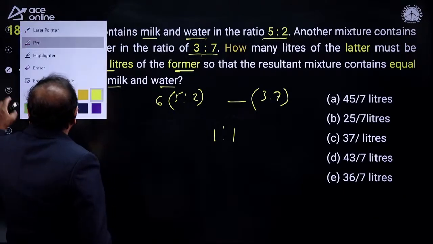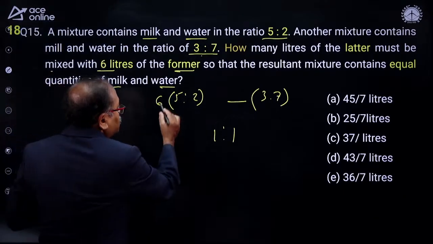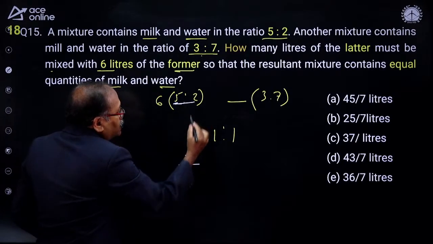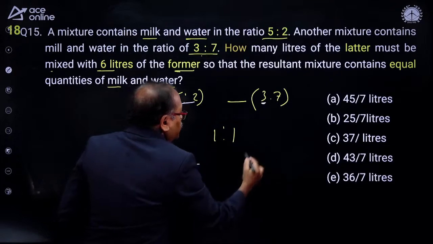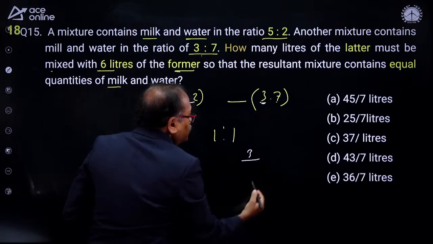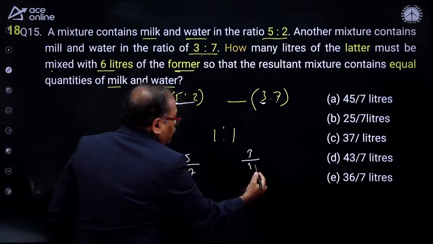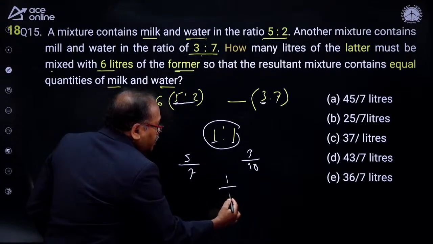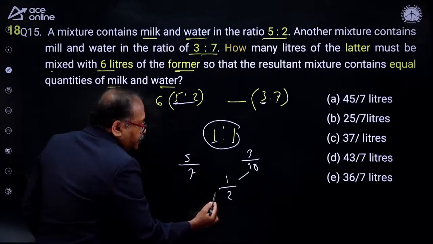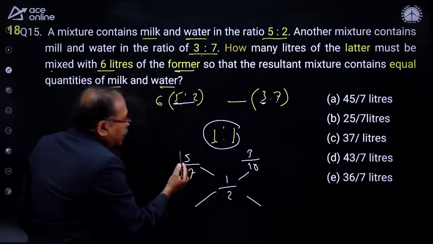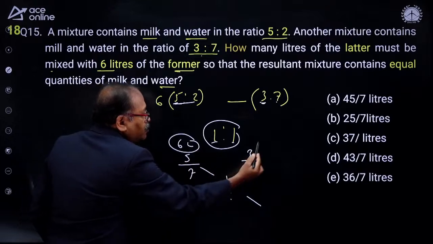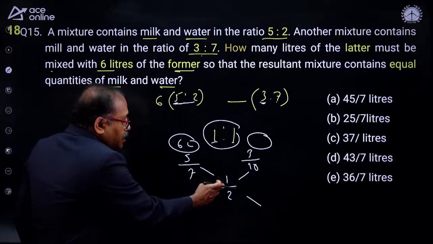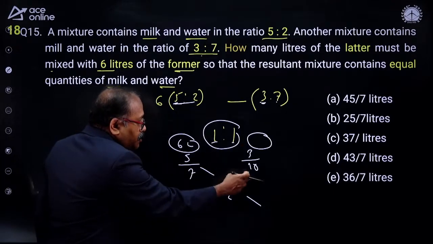Now I will answer this question here. Look at this one. This is 6 liters. What is the milk part? The milk part is 5 parts out of the total 7 parts. And here the milk is 3 parts out of the total, 3 plus 7, which is 10 parts. And here the milk is 1 part out of 2 parts, that is 1/2. When you take the difference over here, you are getting the ratio, and this part, 6 liters, is already known to us. So what will be this part? So here I will consider 5/10 and 3/10.